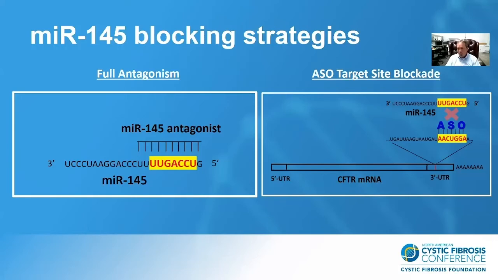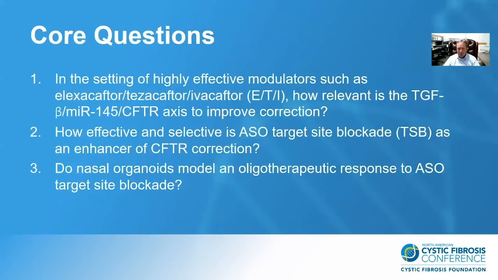Instead, we have focused on ASO target site blockade, and in this approach, the antisense oligonucleotide masks the miR-145 binding site on CFTR, so it inhibits miR-145 binding to CFTR, but leaves miR-145 available to direct its downstream signals.